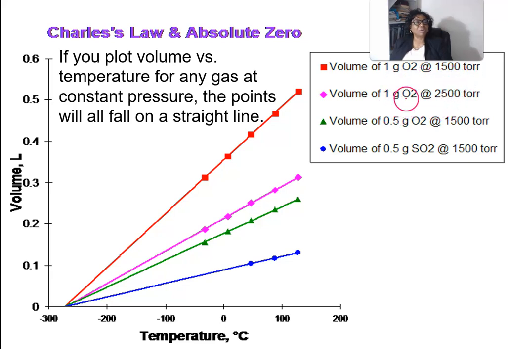So it's 1 gram of oxygen at 1500 torr, 1 gram of oxygen at 2500 torr, 0.5 gram of oxygen at 1500 torr. All of them gave a straight line graph.